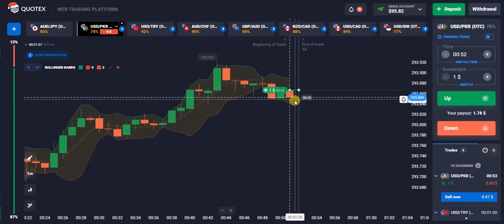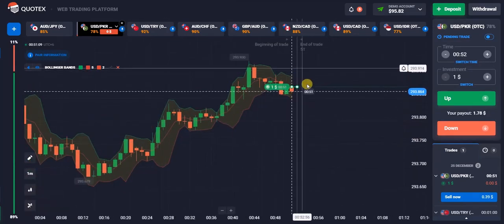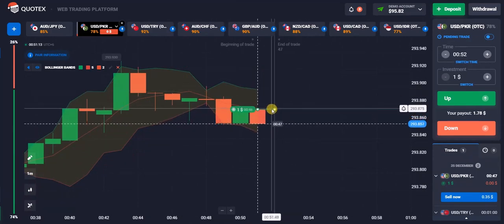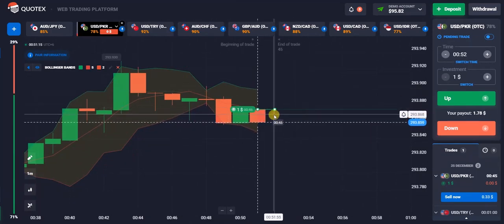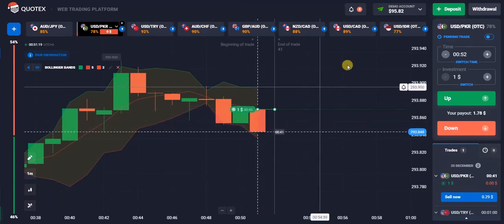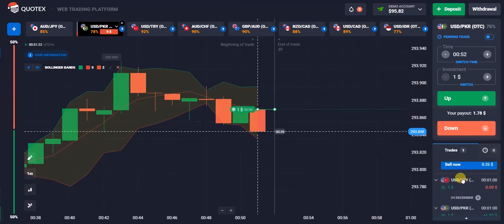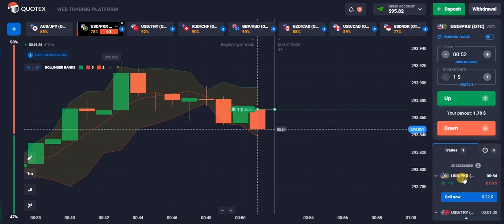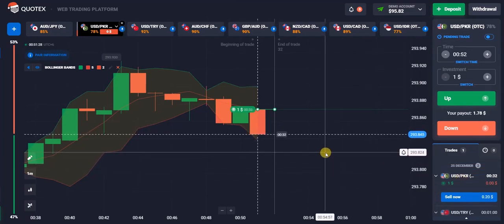See, the same thing, and it is an uptrend. It is too early to take a decision, so let's see if it actually works or not. We have taken two trades and both of them are lost.